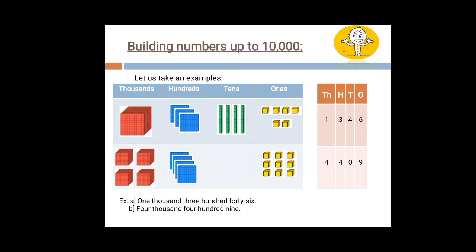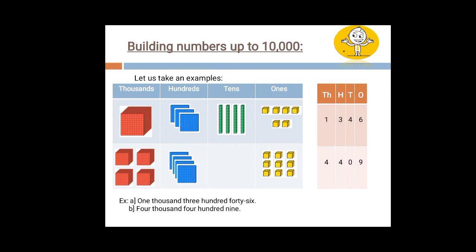On the left hand side you can see at the place of thousands there are 4 red cubes, 4 blue blocks at the place of hundreds, but nothing is there at the place of tens. And at the place of ones you can see there are 9 small units. So how will you write this number?